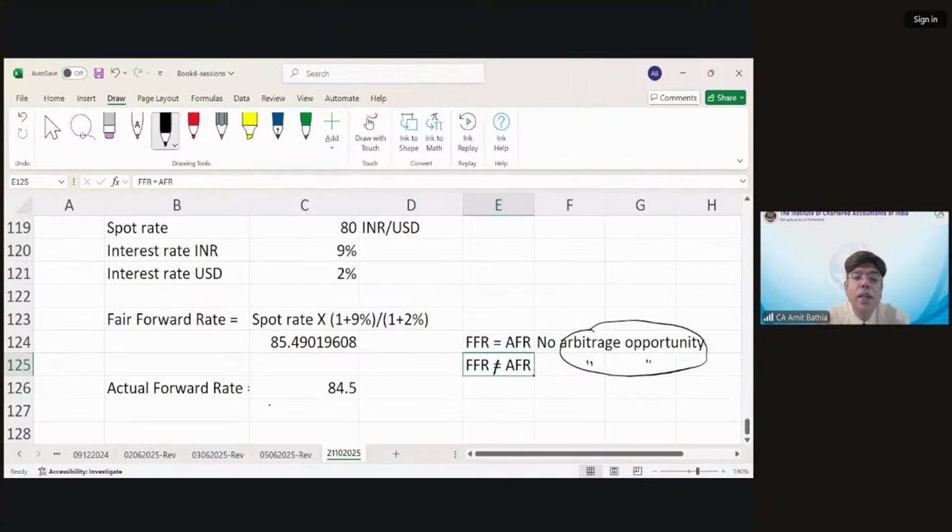Now over here, tell me which currency is going to be the key for you. Which is the currency which is going to be the key over here? Which currency provides us an opportunity to make some money?